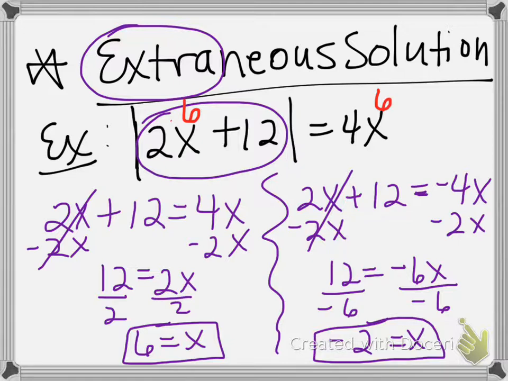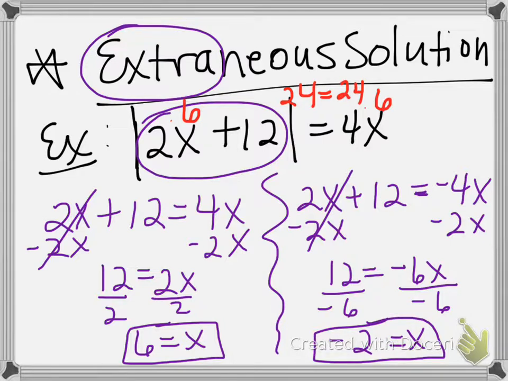The absolute value of 24 is 24, so this would be 24 equals, and on this side, 4 times 6 is 24. So that one's fine, no problem, it worked. So that probably means the other one's going to be extraneous.